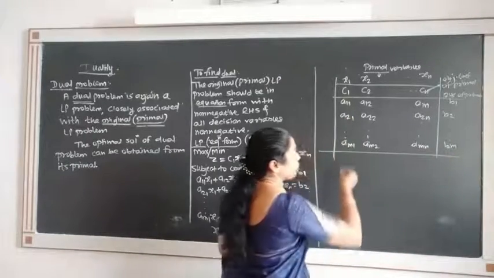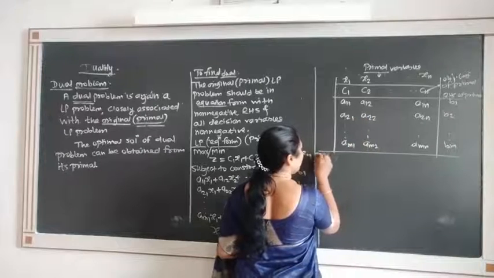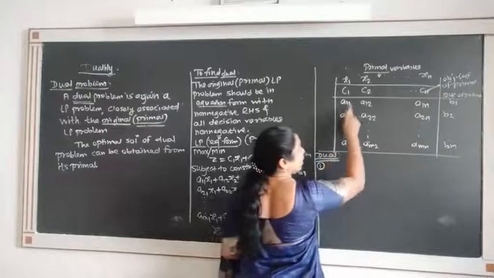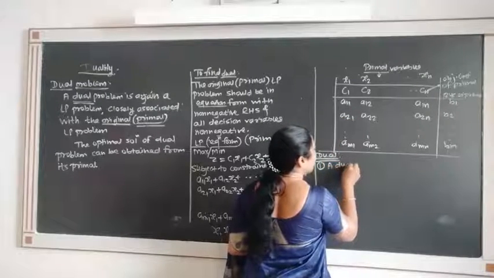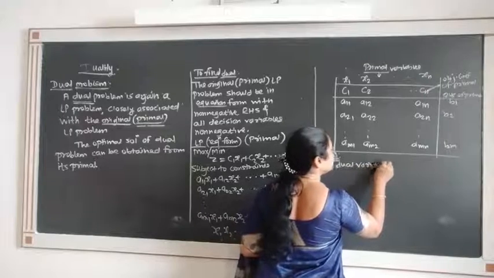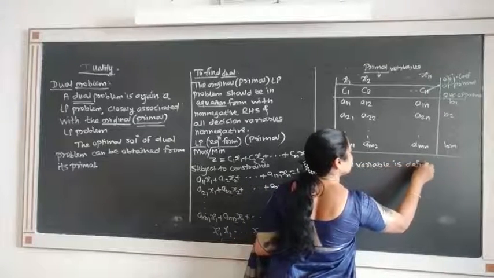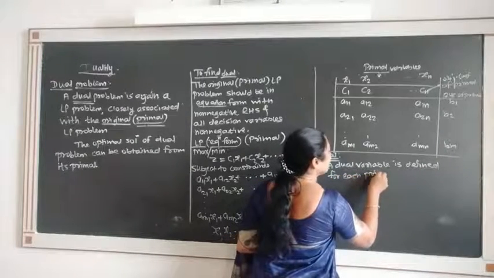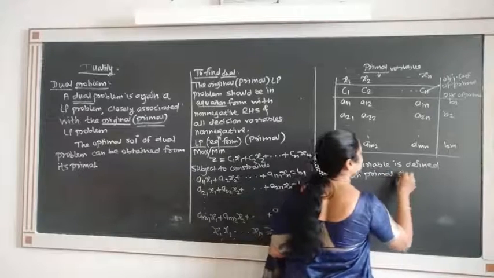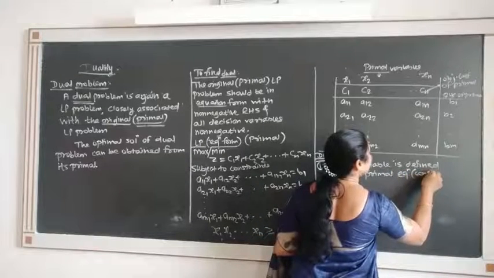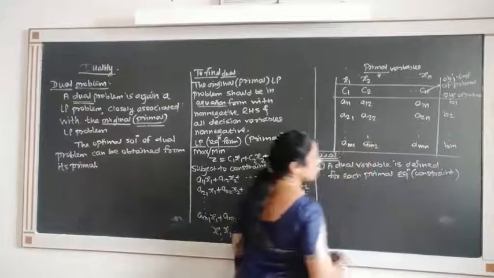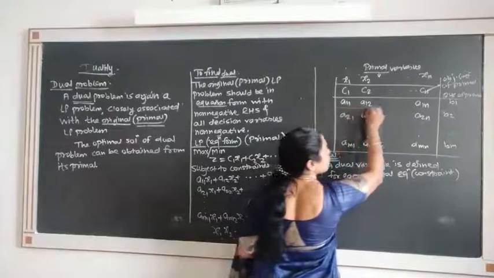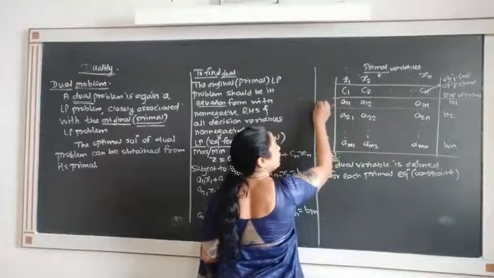So see what we are going to do now. There are 4 rules to find the dual. The first rule is that a dual variable is defined for each primal equation, that is, constraint, but we convert it to an equation.